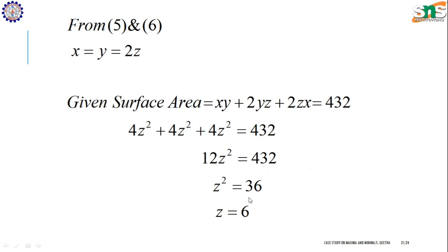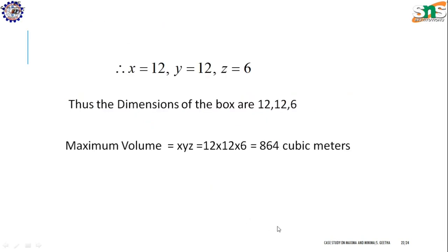So z² = 36, which implies z = 6. From this we have x = 12, y = 12 and z = 6. Thus the dimensions of the box are 12, 12, 6. So the maximum volume is xyz = 12 · 12 · 6 = 864 cubic meters.